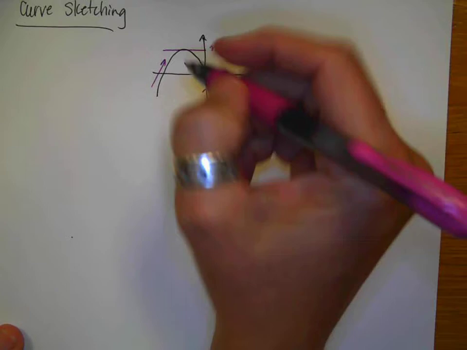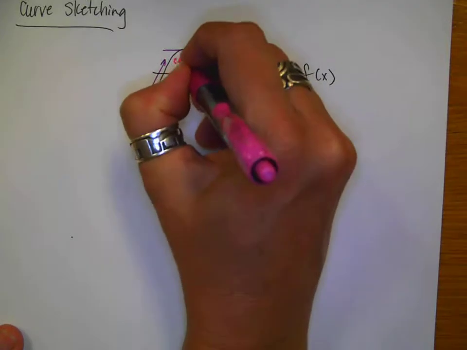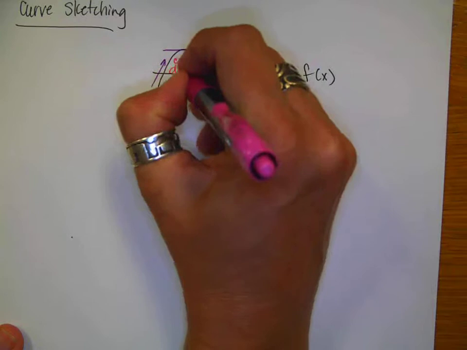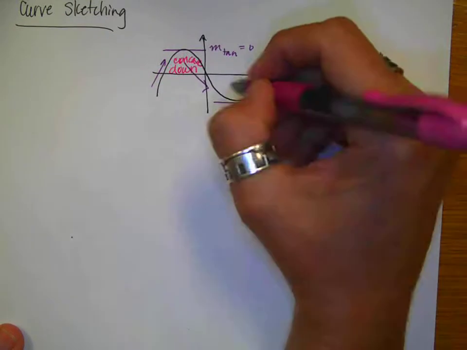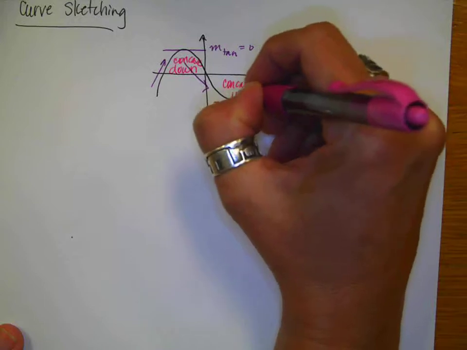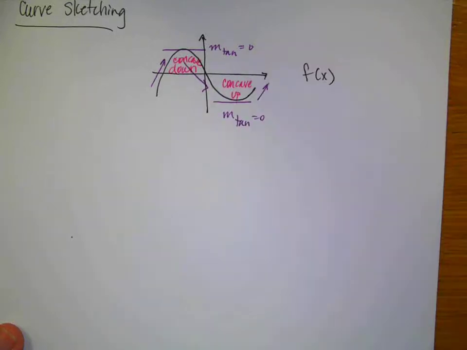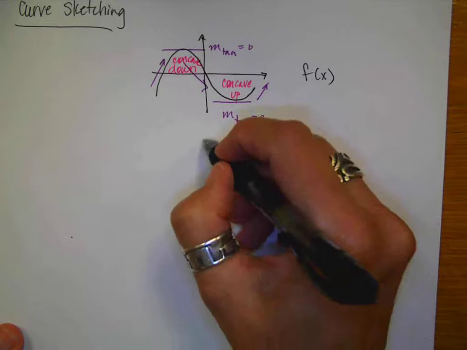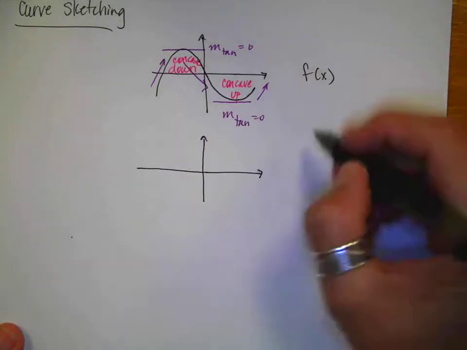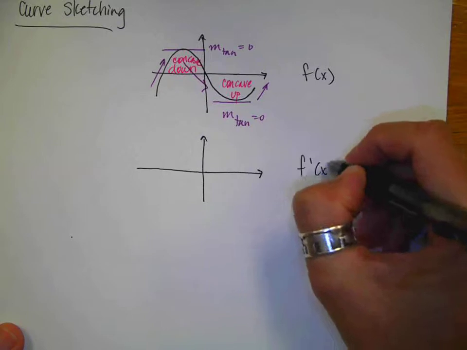The slope of the tangent is decreasing, and then over here, the slope of the tangent would start increasing. In this particular area, this is going to be concave down, right? And then this one is concave up. Okay, so we're just looking at the original function.